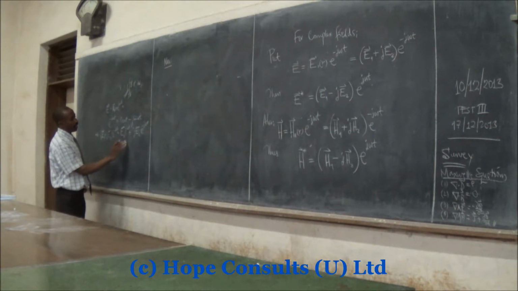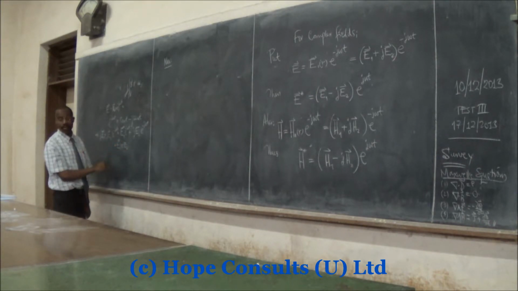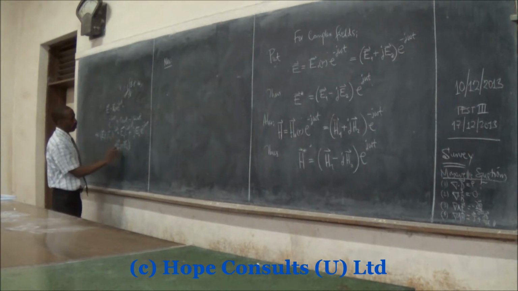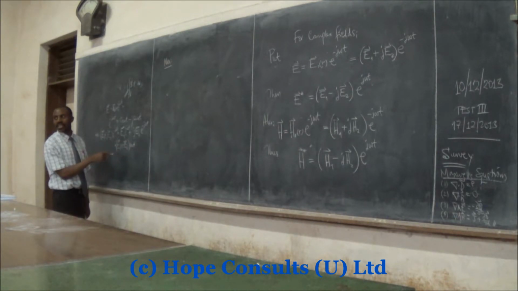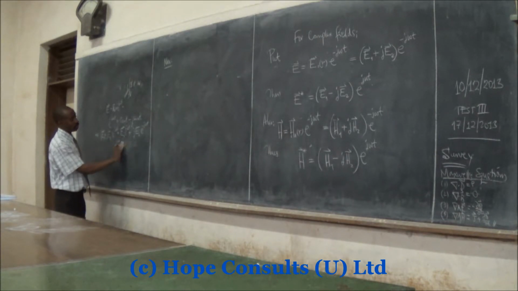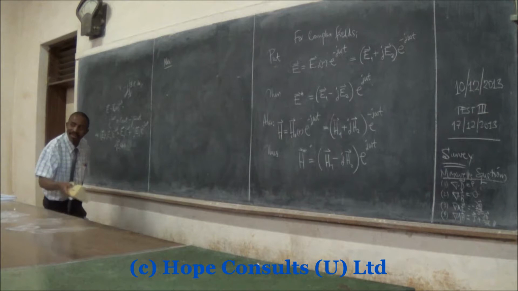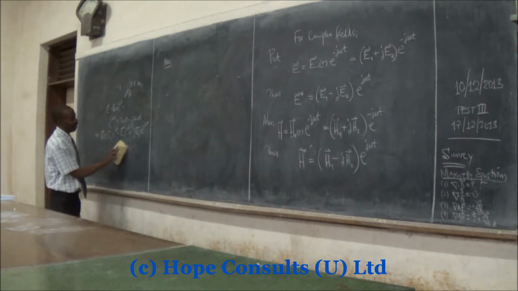So I can say E1 minus E2, is that true? Cos omega t. It's not true. So I have to first put the cos omega t, then the positive part will have the sign, plus E2.